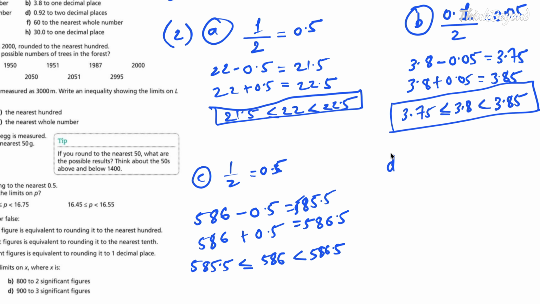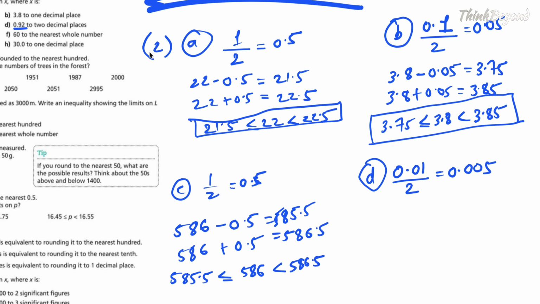Now question number D. 0.92 to 2 decimal places. Okay. 2 decimal places, it means 0.01. And half of 0.01 is 0.005. The number is 0.92. 0.92 minus 0.005, 0.92 plus 0.005.